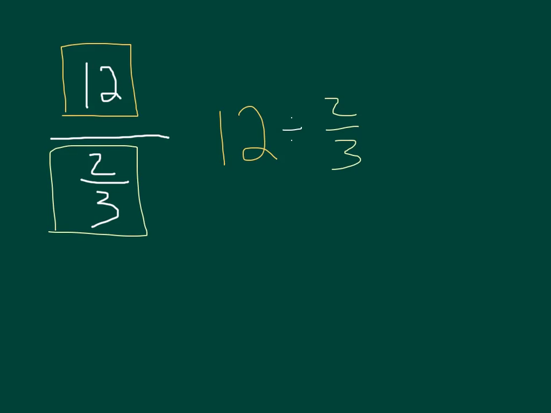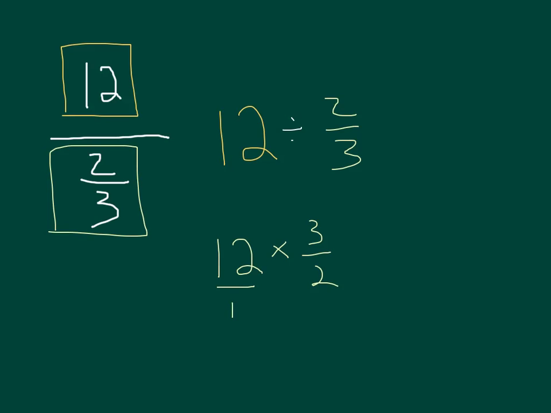Just because my numerator is a whole number doesn't mean anything is changing. We're still doing a division problem, and I'm still going to follow keep, change, flip. So this becomes 12, change to multiplication, and flip to 3/2. So I have 12 times 3/2. Remember, if you have a whole number, you can always put it over 1, so now it looks like a fraction.